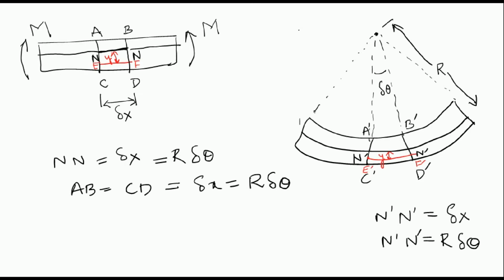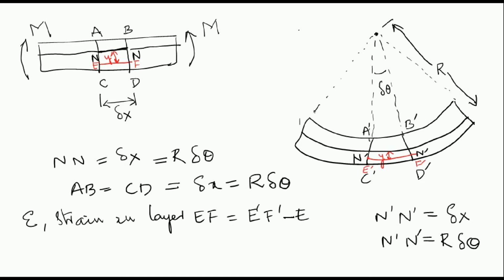Now strain in layer EF is E dash F dash minus EF by EF, change in length.